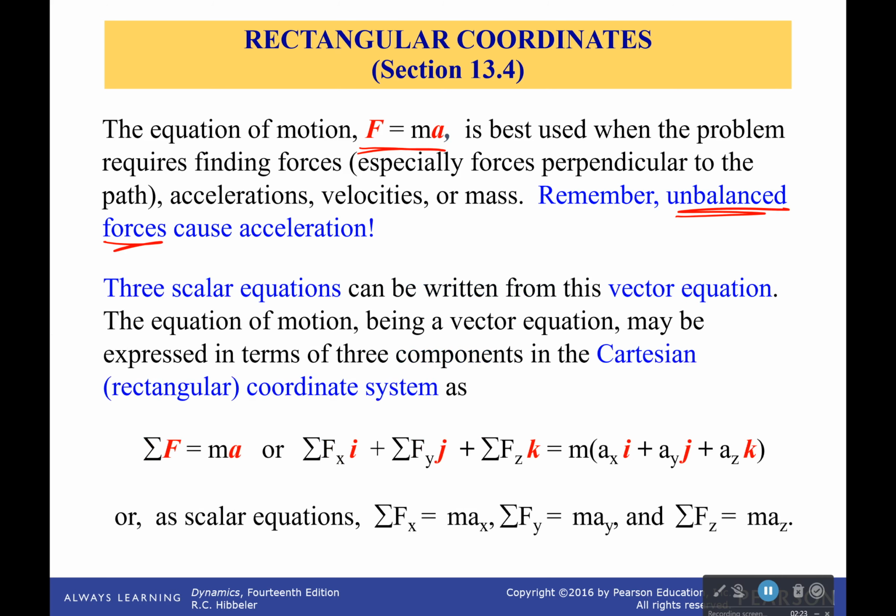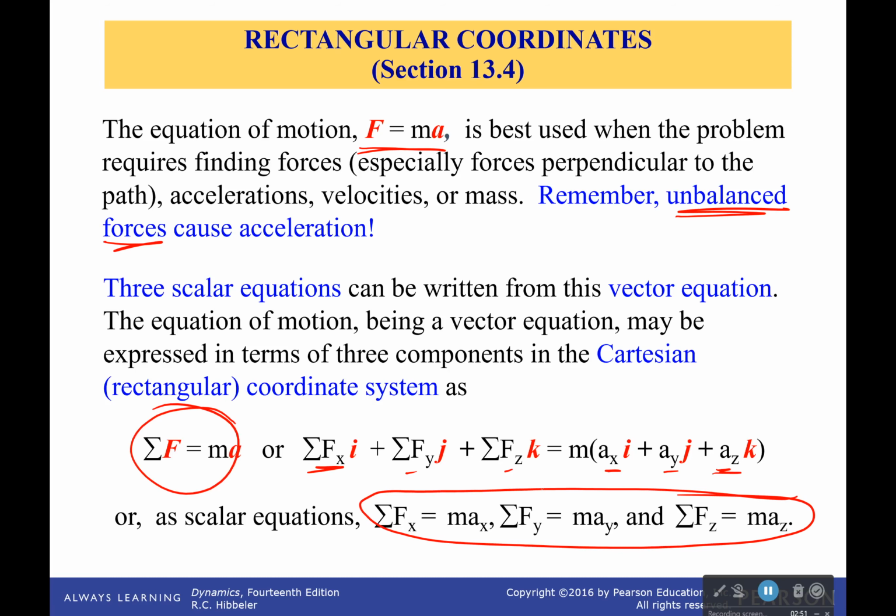Now, we can write three scalar equations from this one vector equation, and we can break them into their Cartesian or rectangular coordinate system. So we have our vector equation, and what we realize is that the force in the x direction is going to be proportional to the acceleration in the x direction. Force in the y to the y, force in the z to the acceleration in the z. Or we get them as these three scalar equations right here, getting rid of all of our i's, j's, and k's.